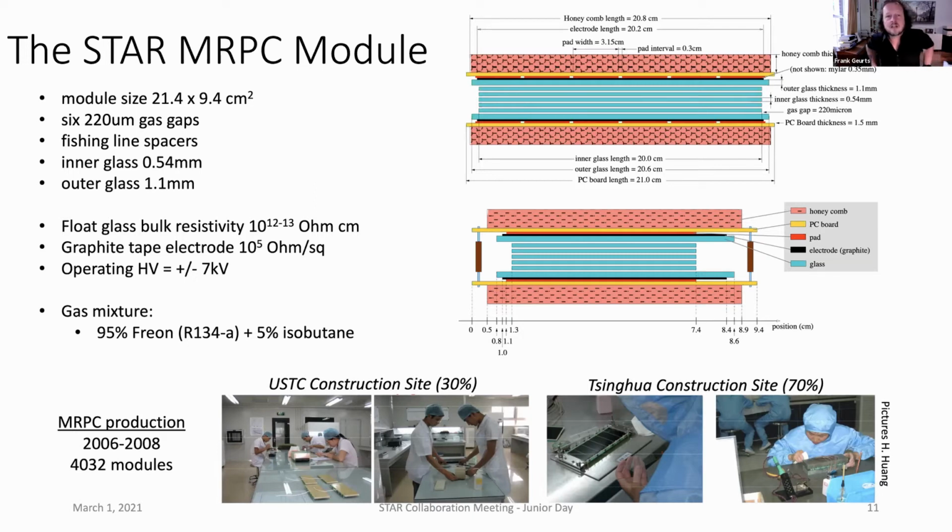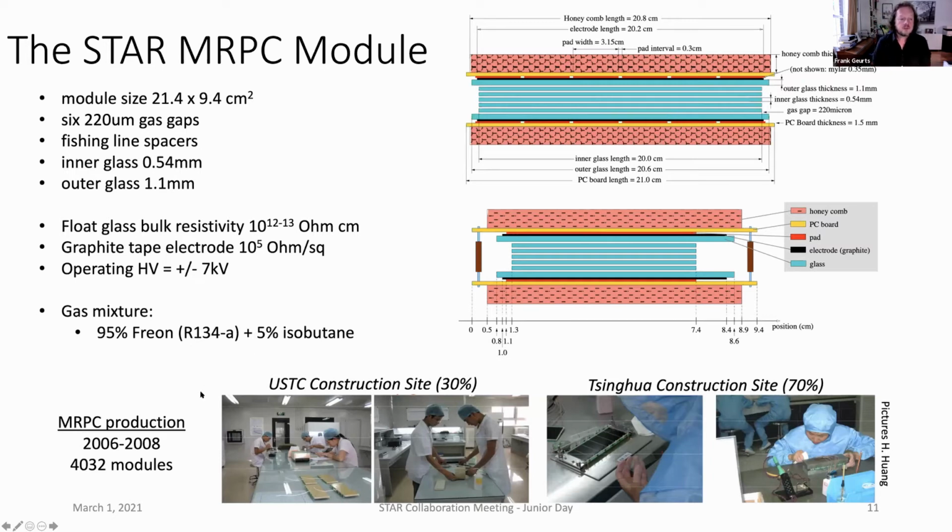You see that other detectors, at CBM for example, are looking at different glasses to work on better rates. We operate at 14 kilovolts, with plus and minus 7 kilovolts applied on both sides. And we have a gas mixture that involves freon and then isobutane, which is for quenching purposes.